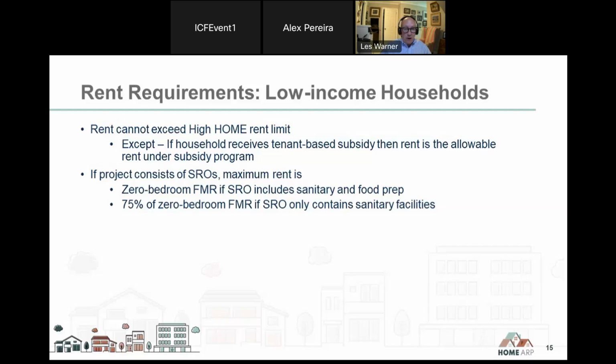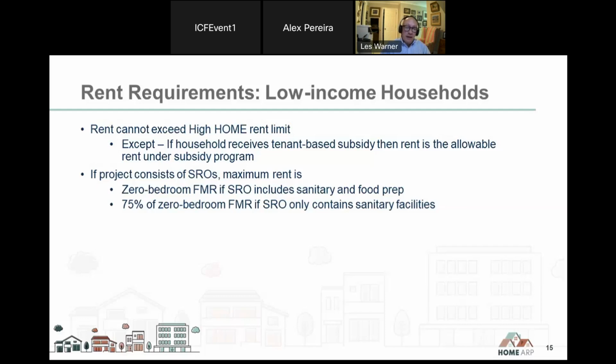So if I'm a property manager for a project that includes HOME-ARP funds, I'm going to need to know which of these units are designated for my qualifying populations, and know, okay, these are the rules that apply on who's eligible and how we set rents. For my low-income households, I'm going to be following my high HOME rent limits, except where we have single room occupancy units.